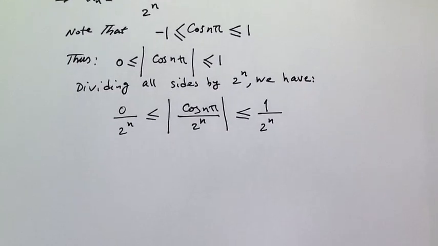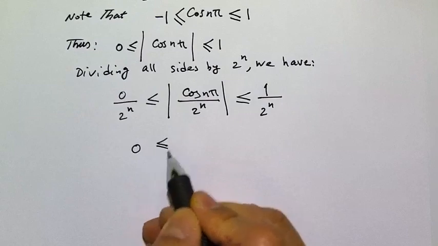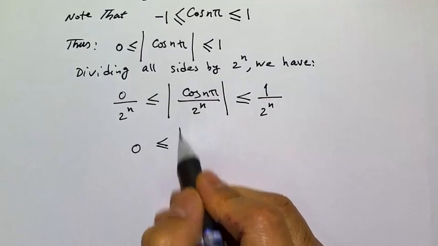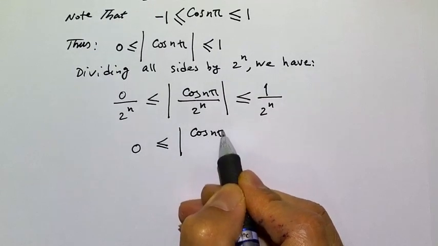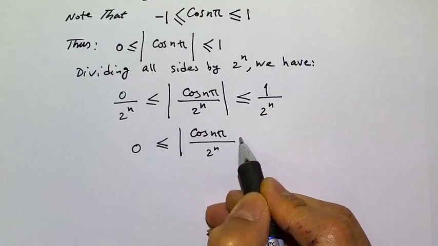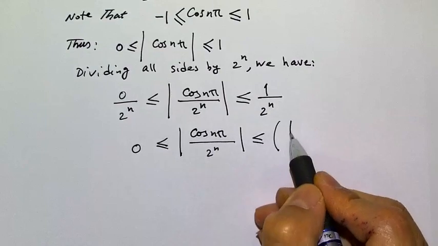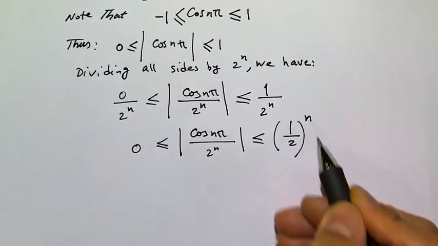So let's simplify this a little bit. On the left we simply have 0. In the middle we have that over 2 to the n. And on this side we can write this as 1 over 2 to n power, right?